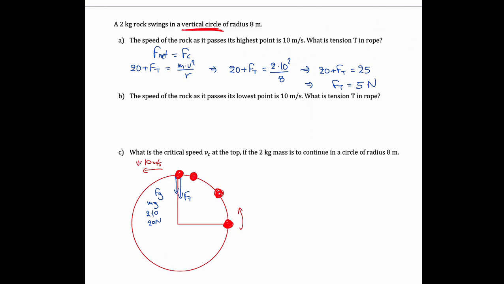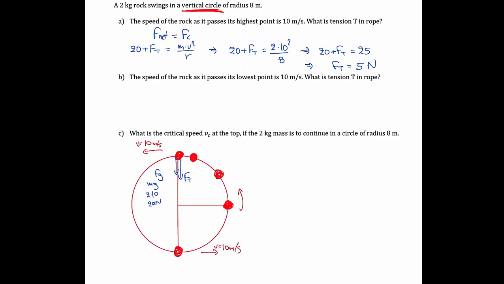Then we need to find what is the tension at the lowest point of the trajectory, if we know that the speed there, again, is 10 meters per second. At the lowest point of the trajectory, the force of gravity is applied straight down, and the tension is applied towards the rope.